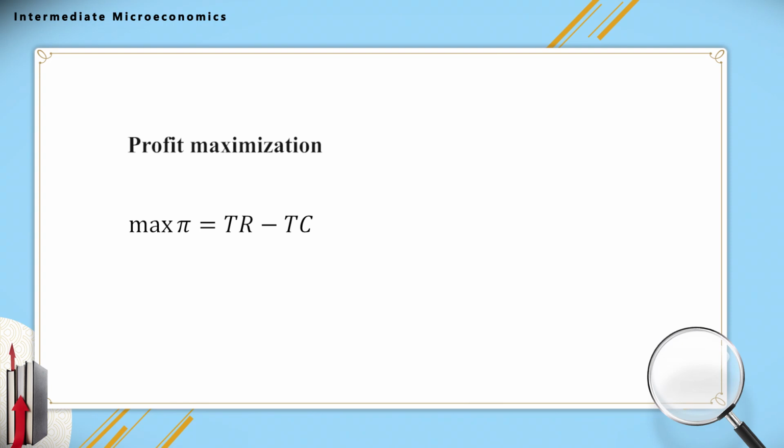We use Y to represent the output level, and L and K to represent the quantity of labor and capital used. Assuming that the producer's production process uses only two factors of production, capital and labor, then its profit could be written as PY minus WL minus RK.